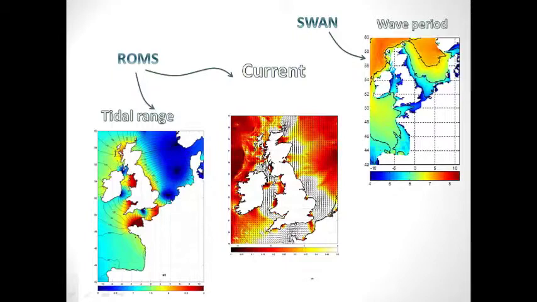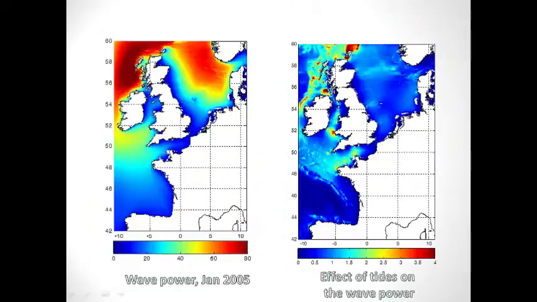So what you will see is, on the left plot, the wave power in January 2005, and on the right, the effect. Based on what I've done, on this plot you will see up to something like 10% effect on the wave resource.